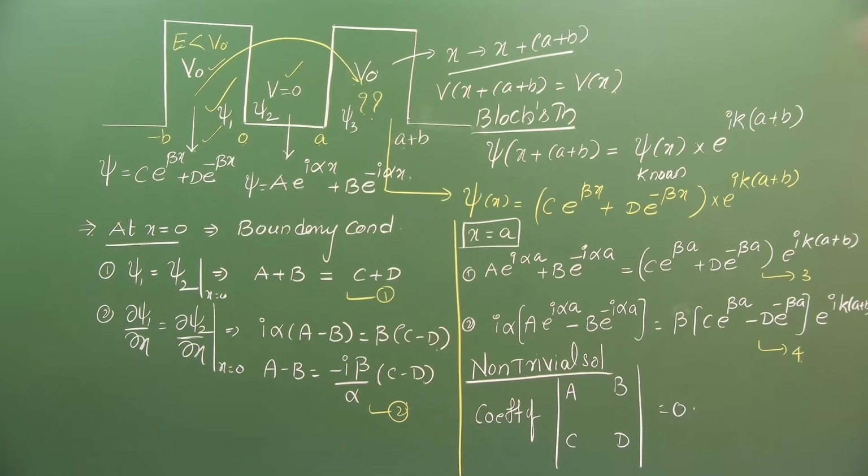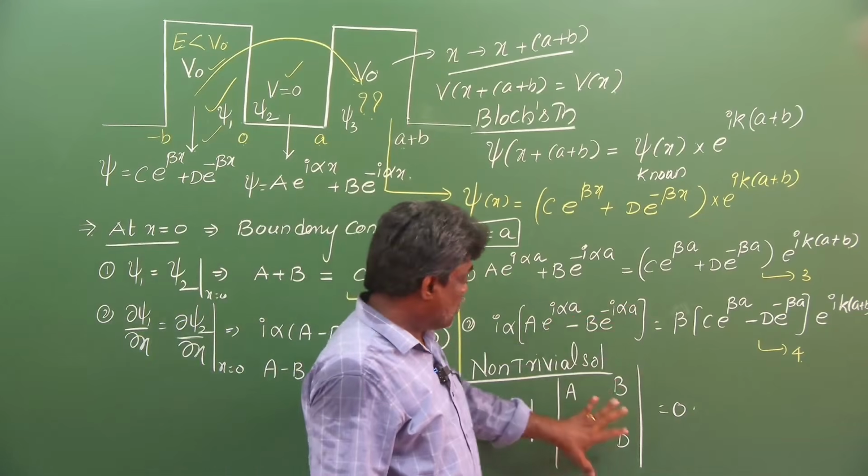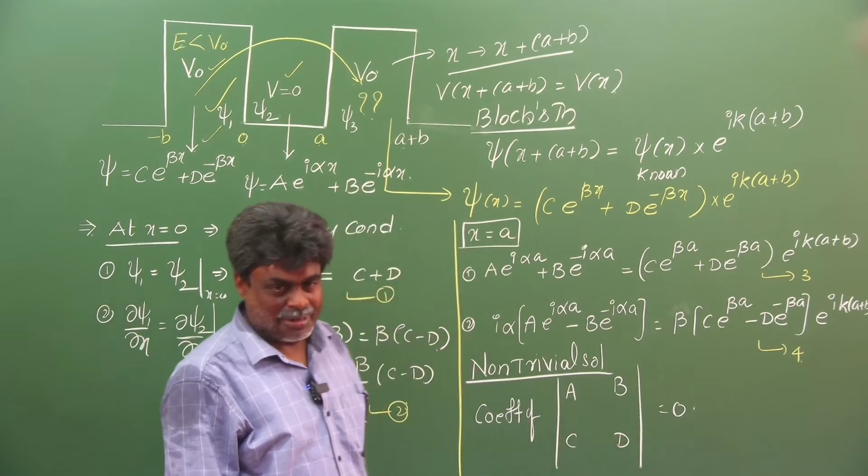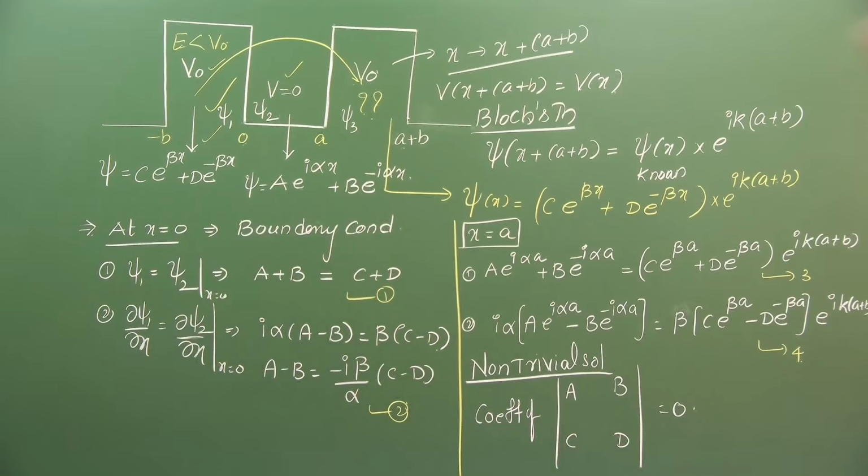Okay, come on, right. How will we take? We are not solving this. We are not solving, I am just saying the coefficients of A, B, C, D. How will we take?